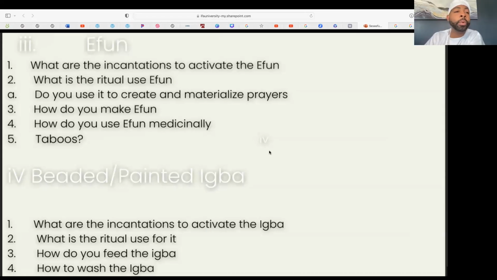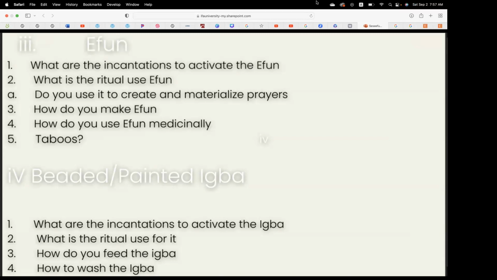And last question in regards to Efun. Is there specific poetry or chants that are used to activate the Efun itself, or is it just general praise poetry to Ọbàtálá that will be effective when you're using the Efun? It might be, but I've never studied up to that level. Understand?